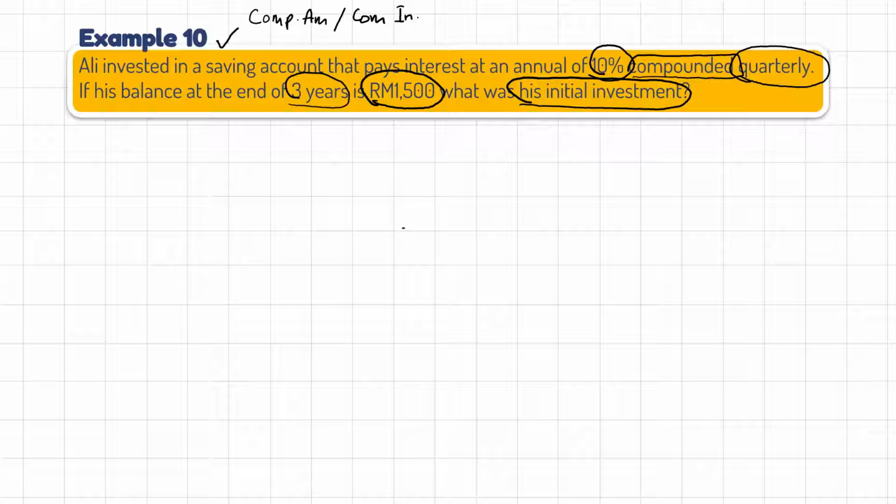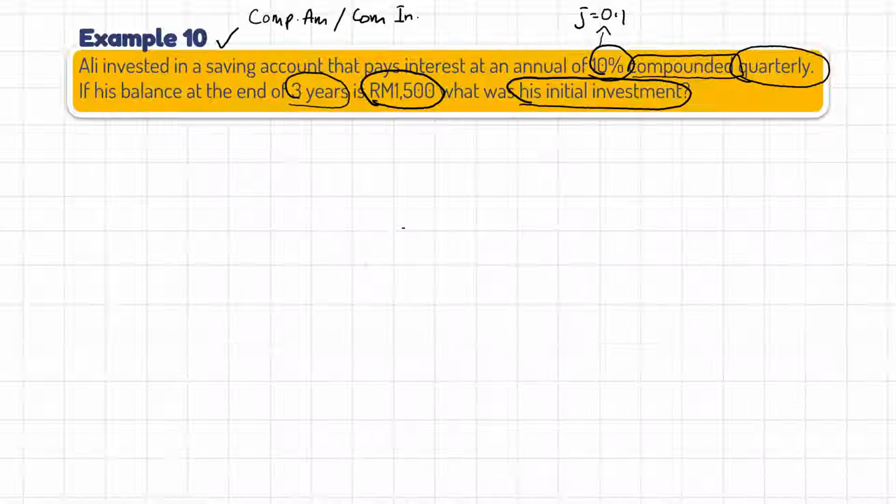Let's see the information that we have. First, we have 10%. So this will be our J, which is equals to 0.1. Compounded quarterly means that this will be M equals to 4. The question said that if his balance at the end of 3 years, this will be the value of T, which is equals to 3, is 1,500 ringgit.